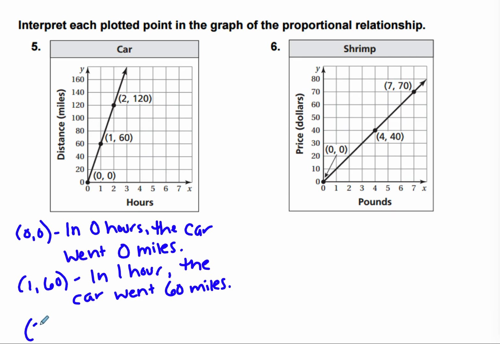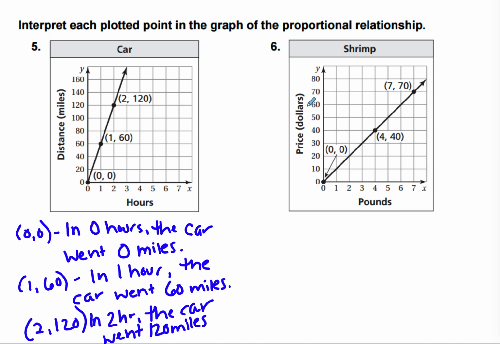And then 2, 120, in 2 hours, the car went 120 miles.